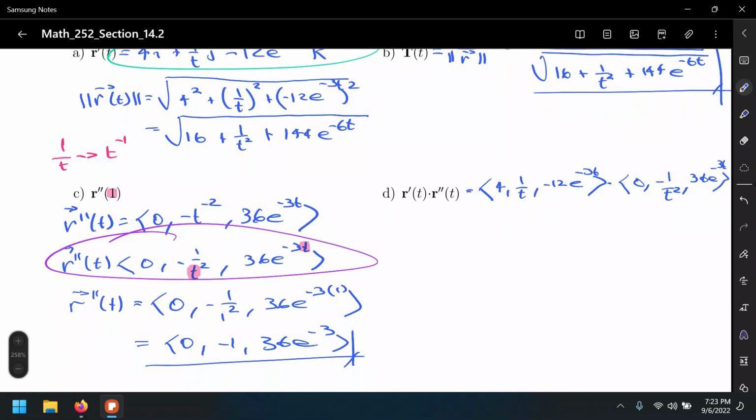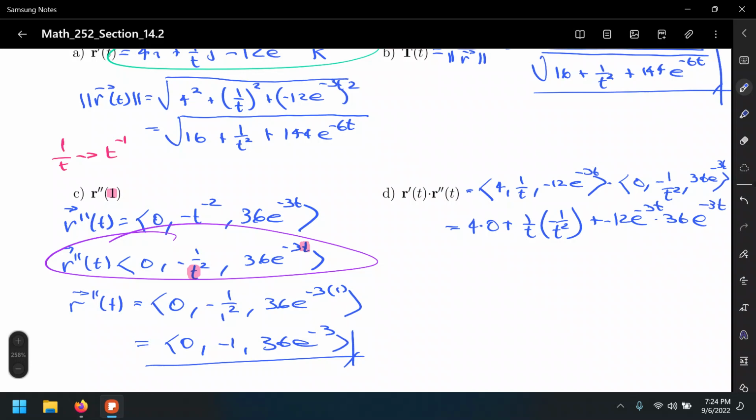Okay, and to find the dot product between two vectors, we multiply component by component. So number 1, 4 times 0, that's going to be 0. 1 over t times negative 1 over t squared, isn't that going to be, well, let me do it one step at a time. So 4 times 0 plus 1 over t times negative 1 over t squared, and plus negative 12 e to the negative 3t times 36 e to the negative 3t.